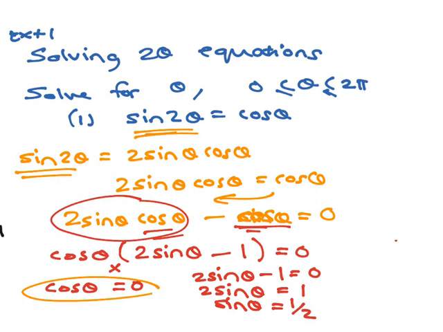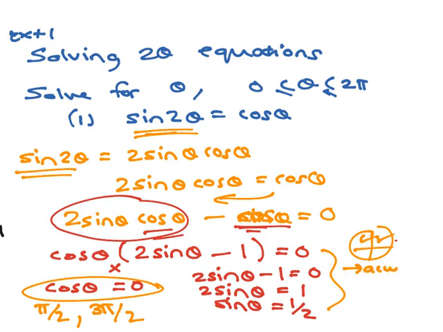For the first one, cos theta is equal to 0 at 90, which is pi on 2, and 270, which is 3 pi on 2. And sine theta equals 1/2. Sine is positive in the first two quadrants, and the acute angle is 30.